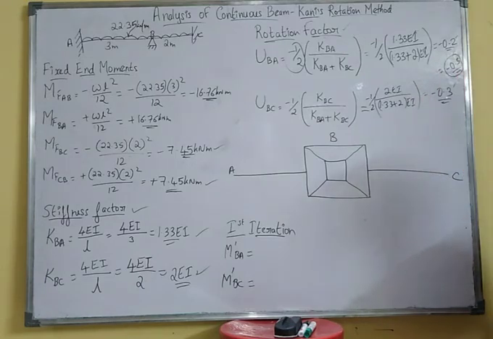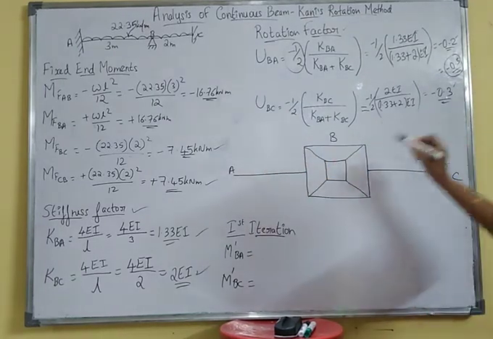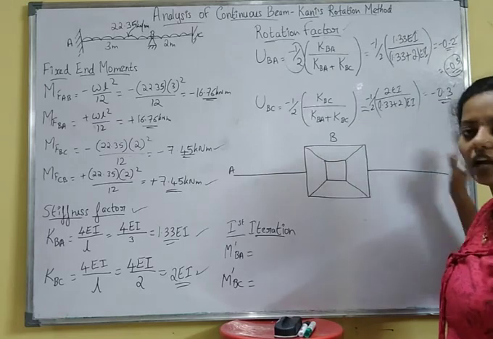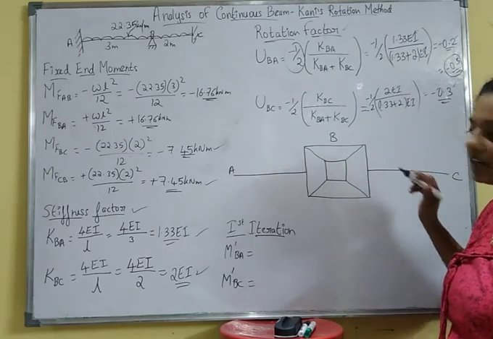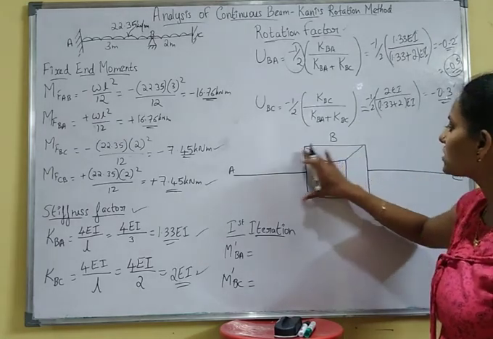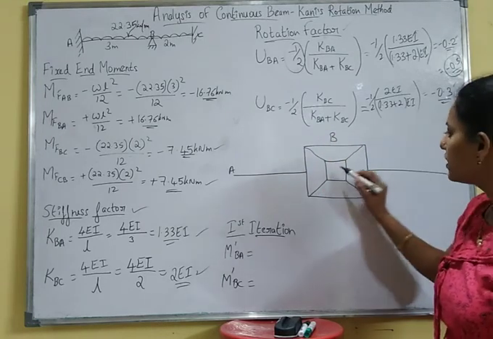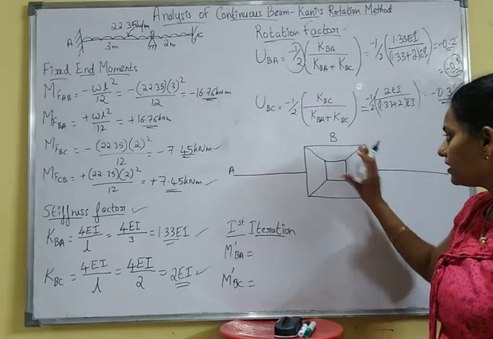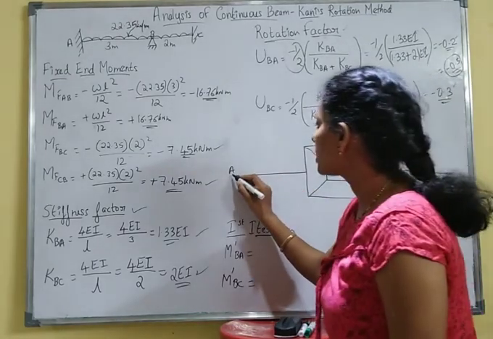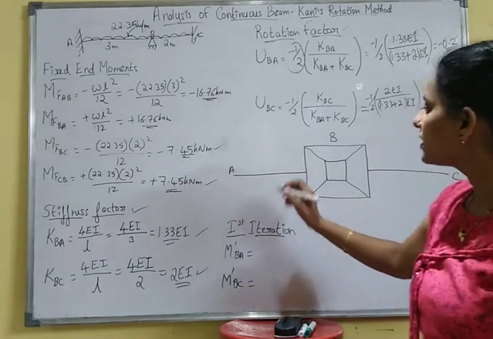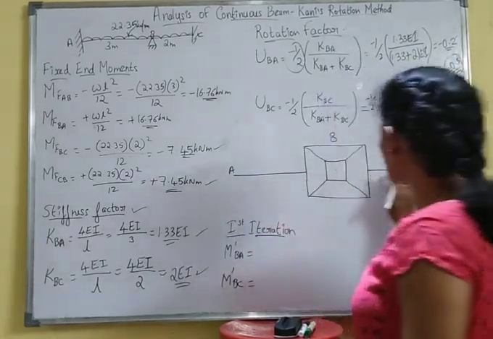Once this is done, next you have to draw a free body diagram wherever you have a joint, where we have to distribute the unbalanced moment. In that case, you draw this box. This is your joint A, B and C, and near them you write all the fixed end moments.